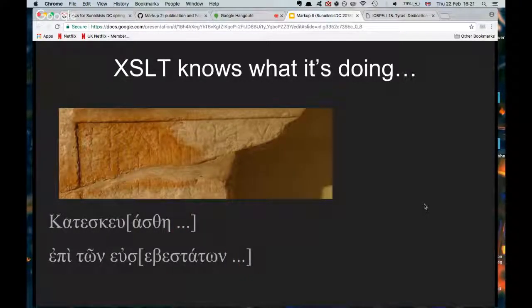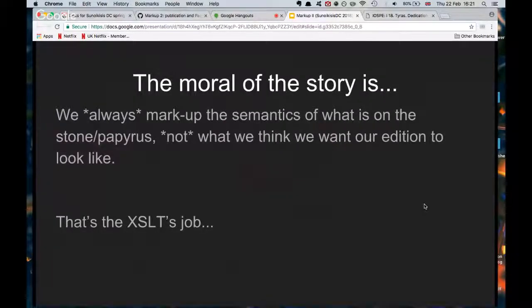So we get the display that we expect. However, we haven't changed the semantics of the edition. We've kept the difference between a supplement and a gap, and the middle brackets are taken care of by the XSLT. The moral of the story being, always take care of the semantics, because that's what you do as an editor. What it looks like in the end in the edition, that's something that the XSLT takes care of.